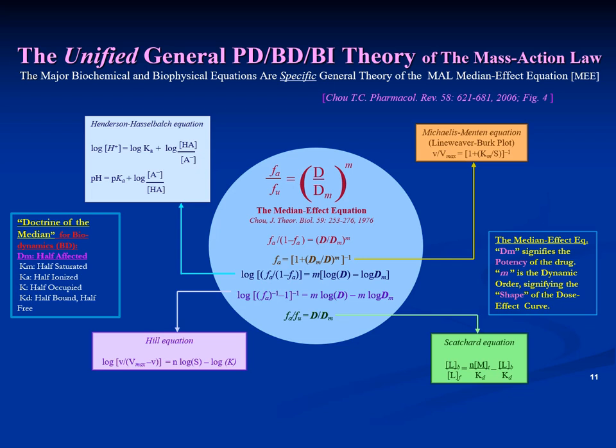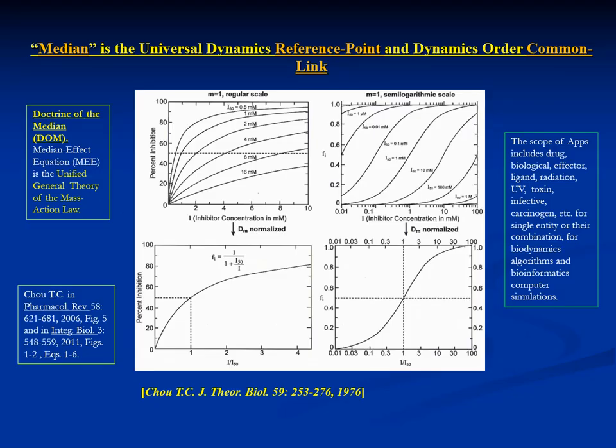Dm value signifies potency, and the m value signifies dynamic order and the shape of dose curve. This slide shows that median dose is the universal reference point, and dynamic order the common link.